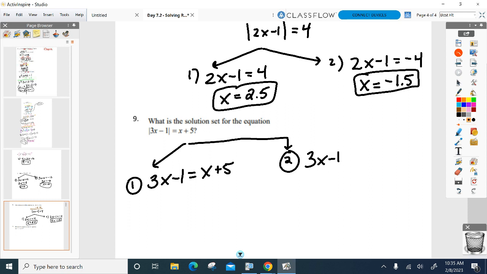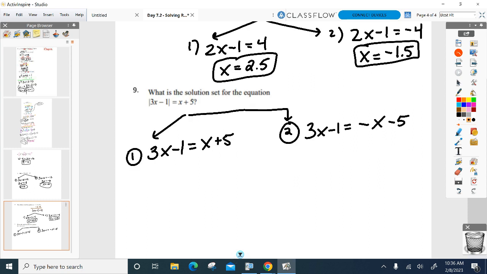But here's the thing you have to remember. You need to change the sign on everything on the other side, just not the sign in the middle. So positive x gets changed to negative x minus 5. Everything on the right side gets its sign changed.